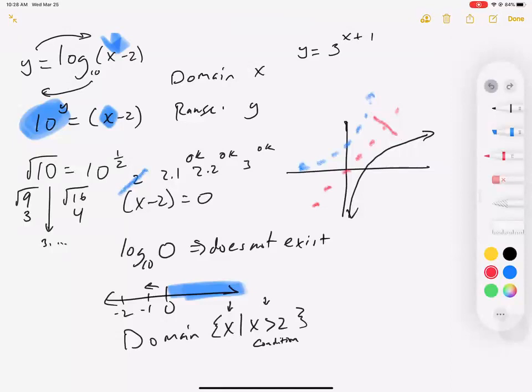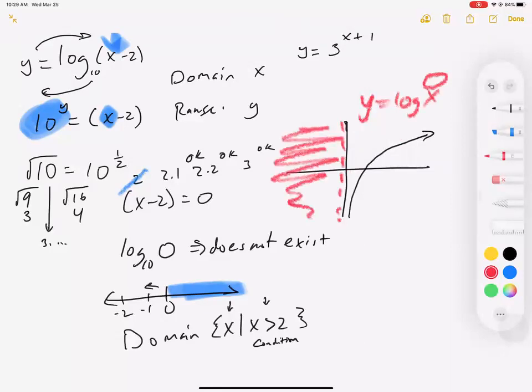So if you look at my basic graph here, this is, let's say y is equal to log of x. X can't be 0. We said log can't be 0, so we don't cross that boundary. Log can't be negative, so x can't be negative either. But if you notice the y values could be anything, because logs solve for exponents.